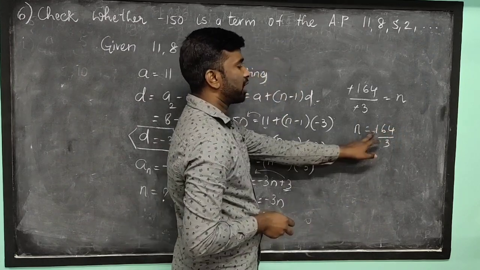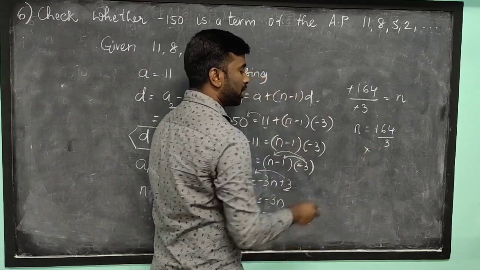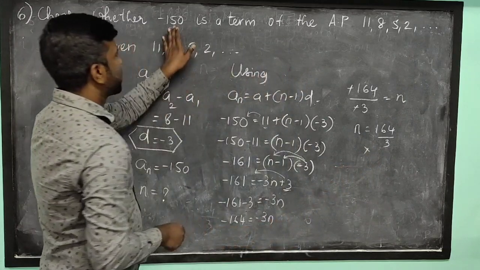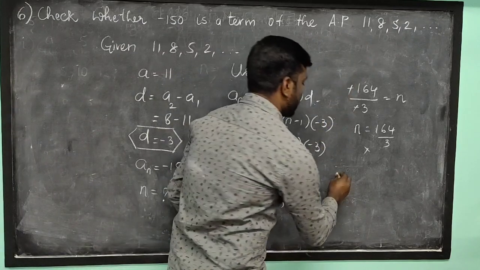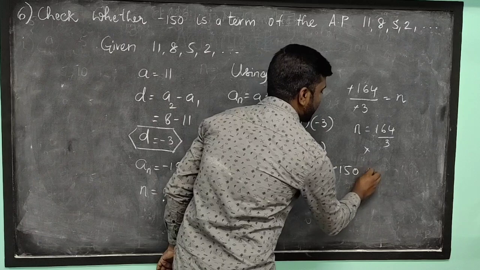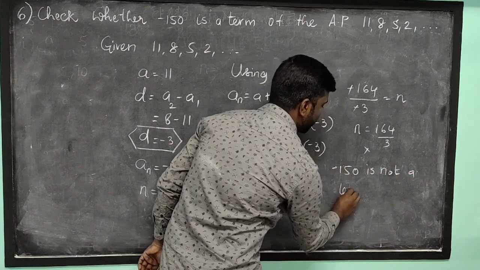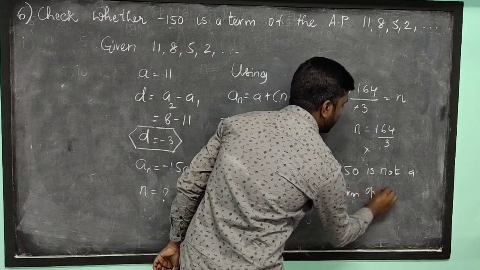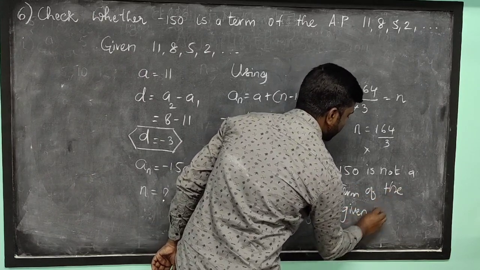You cannot divide 164 by 3 completely. That means it is not a natural number. Therefore, minus 150 is not a term of the given AP.